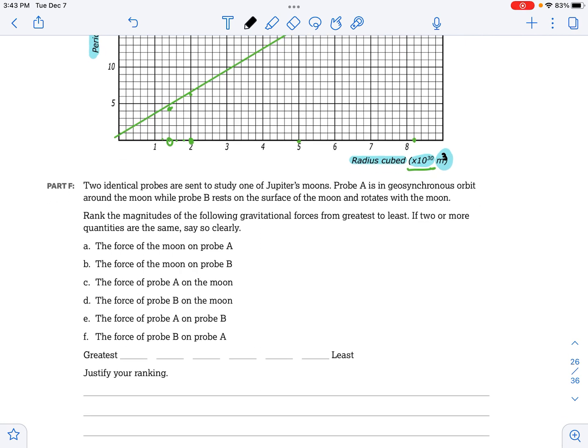Rank the magnitudes. Sorry. 2 identical probes are sent to study one of Jupiter's moons. Probe A is in geosynchronous orbit around the moon, while probe B rests on the surface of the moon and rotates with the moon. Rank the magnitudes of the following gravitational forces from least to greatest. If 2 or more of the quantities are the same, say so clearly.